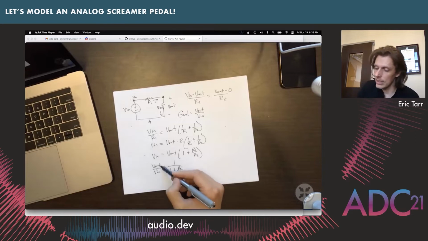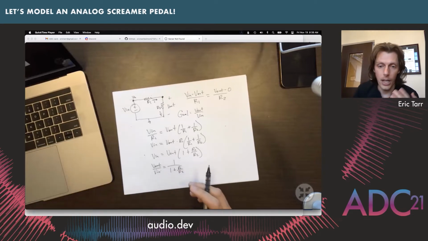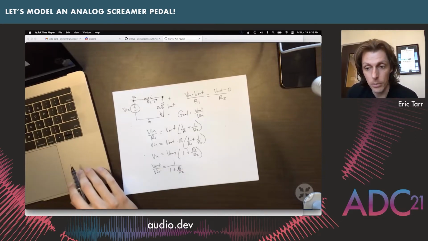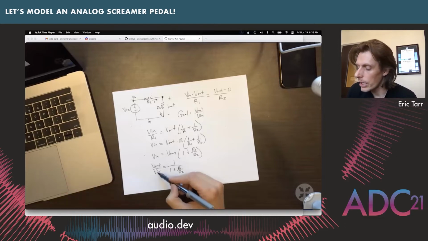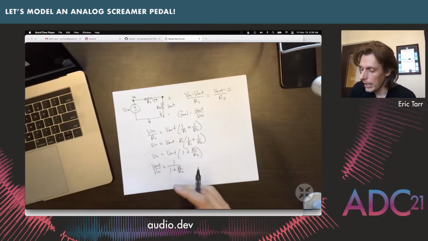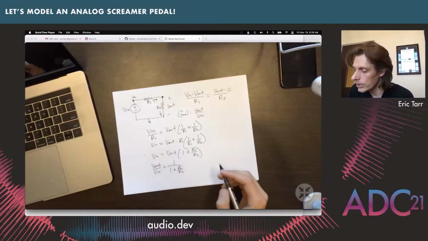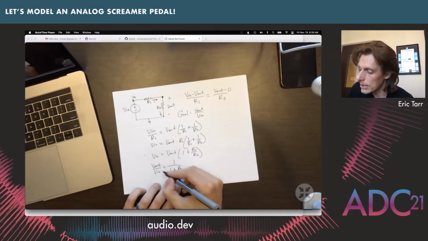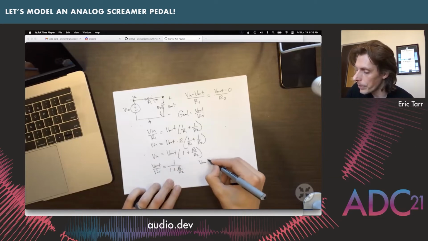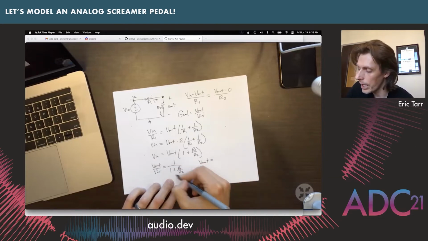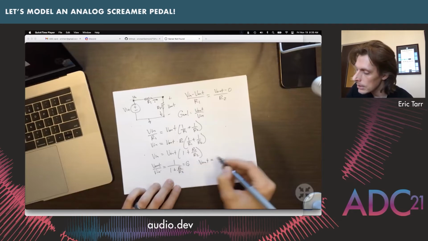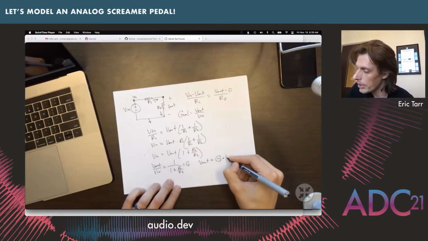Okay, so this is an important form for us if we are trying to represent this as some code that we could turn into a piece of digital code that runs in our plugin, where we could say that our V output is equal to this whole thing, let's just call it G, some gain, multiplied by V in.